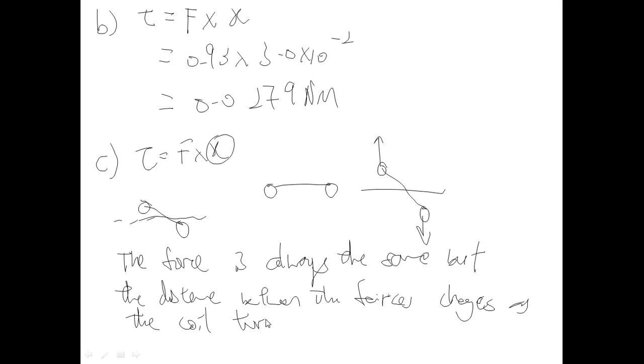This is how it's supposed to be, and when it becomes like this, it will have an angle. Remember, when we calculate the torque, it must be perpendicular, so I have an angle between it already. So my torque becomes F times x cos of the angle, which makes my torque become smaller. This is what we're trying to explain here.